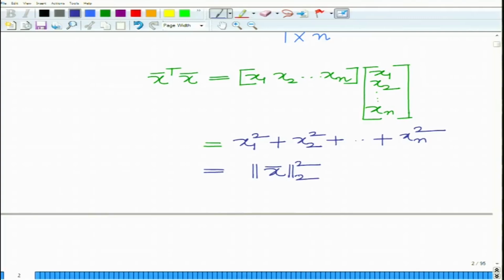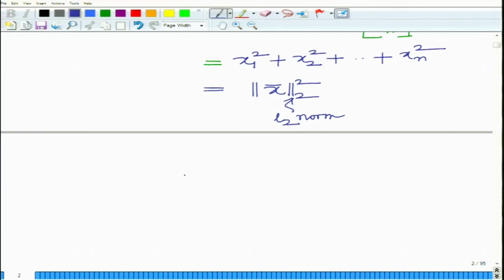So, this indicates the square of the L2 norm of the vector, norm of x bar, and this L2 norm is the default norm that we will use.